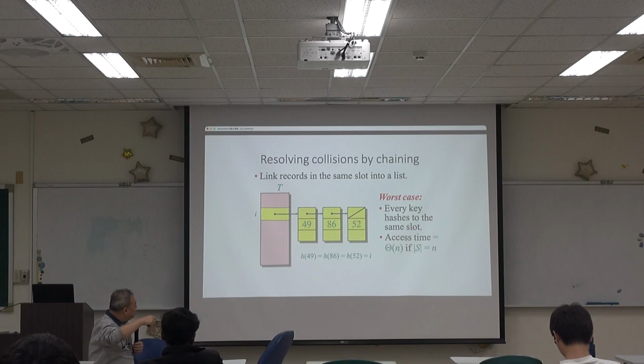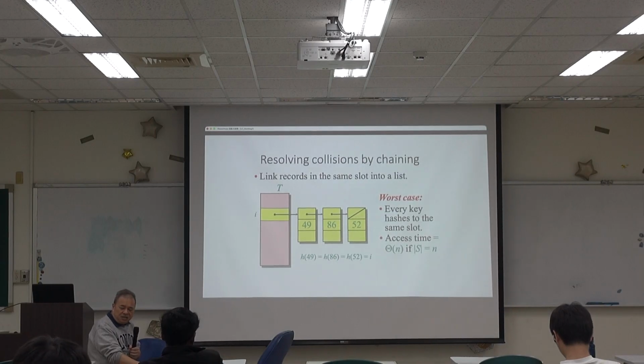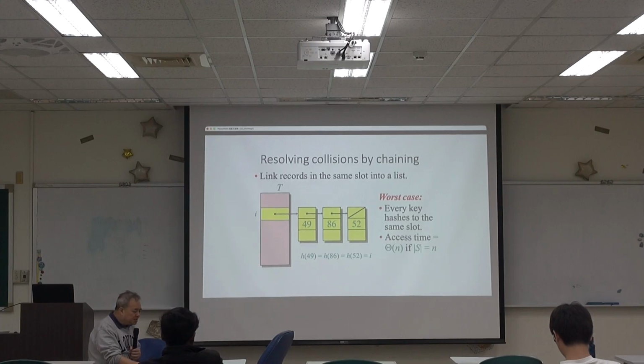So if all these records are mapped to the same location, your symbol table will be reduced into a long linked list. So in the linked list, if the insert happens at the end of the linked list, it will take linear time. If you want to insert at the beginning, that takes constant time, yes. But if it's truly at the end of the linked list, that takes linear time.